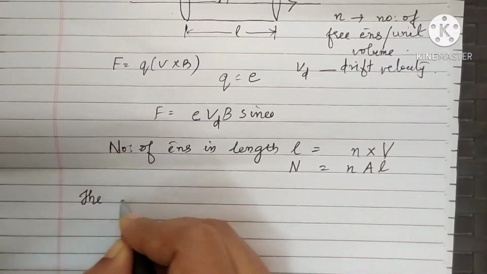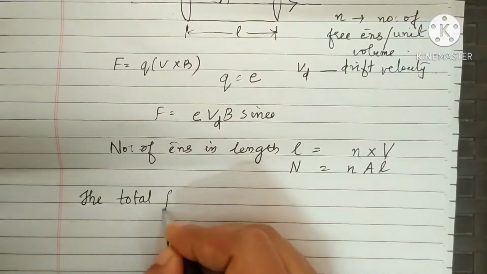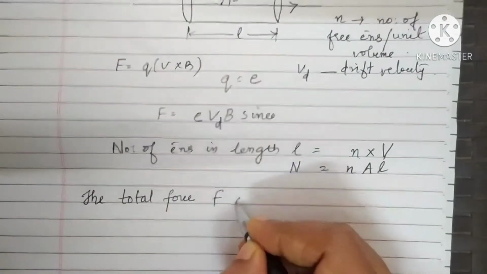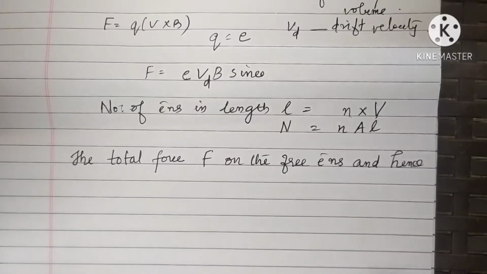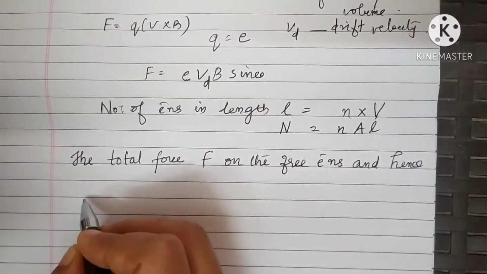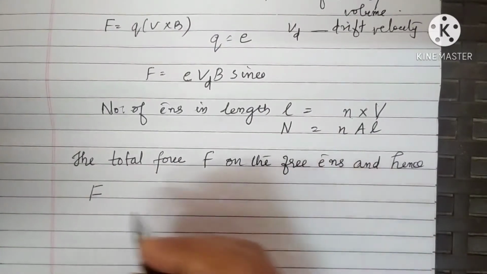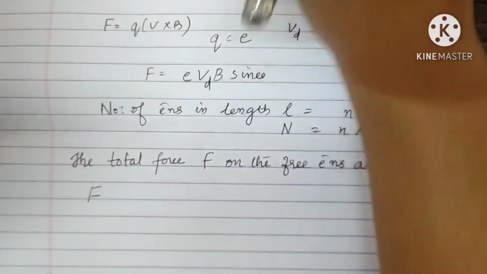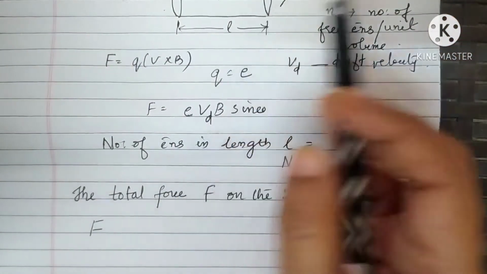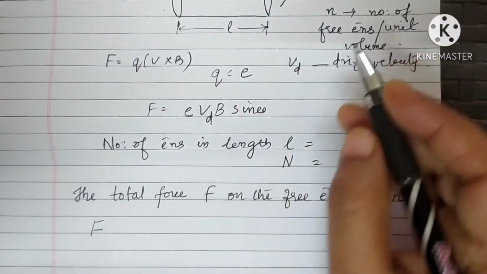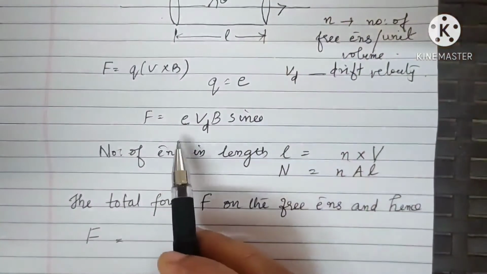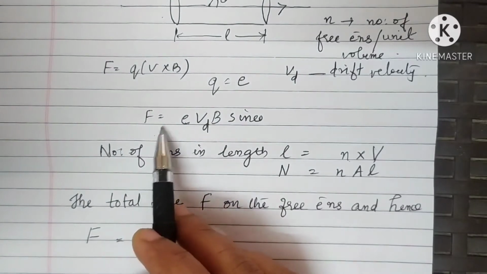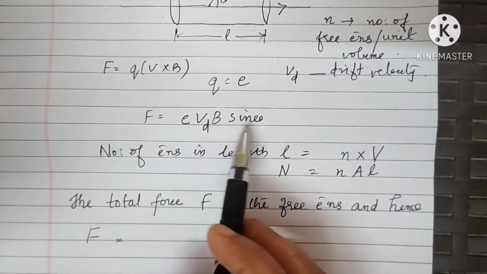Okay, then the total force F on the free electrons, and hence you can write the total force F on the total length of this conductor. For the total length L of the conductor, what about the total force? How can you write? Because you have written an expression for the force. This force is on each electron, which is given by e Vd B sin theta.